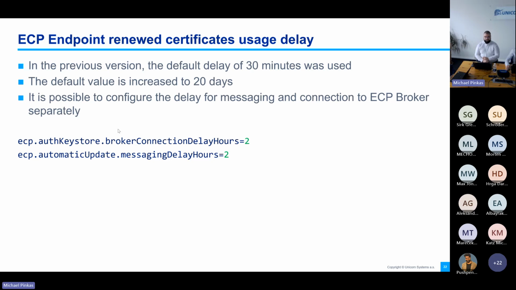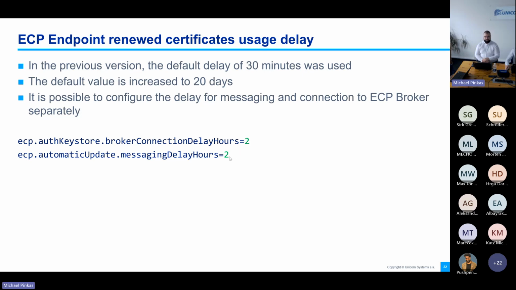As already mentioned, this is mainly because if you would have two ECP networks synchronized and you would be sending messages across the networks, and there was some issue, let's say, with the synchronization, the endpoints would not get synchronized between each other. Same for the ECP broker. If the sending ECP endpoint would use the old, or if it would use the new certificate, the message would fail, because regarding the ECP broker, it would not be possible to connect to the broker.